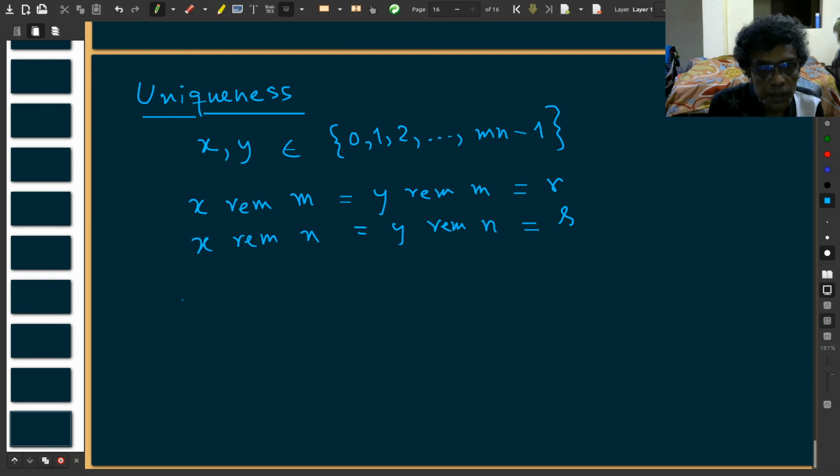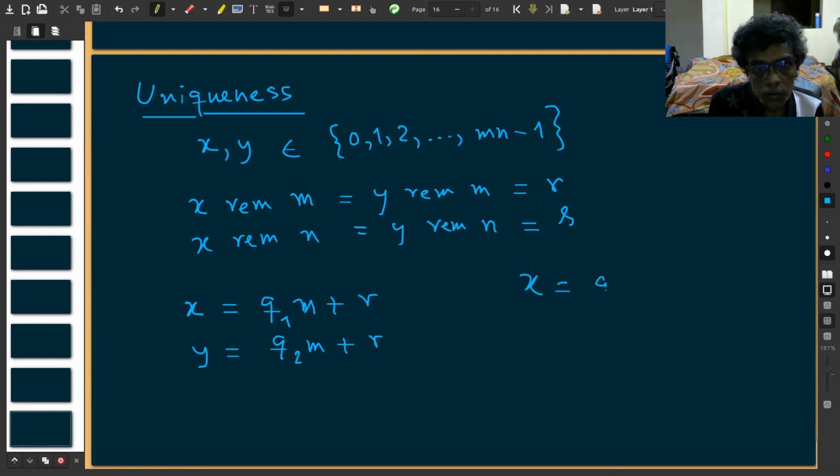Okay. Now, so I can write x equal to something times m plus r, and something else. Okay, so let me write. So x equal to q1 m plus r, and y is equal to q2 m plus r, and here x equal to q3 n plus s, y equal to q4 n plus s.